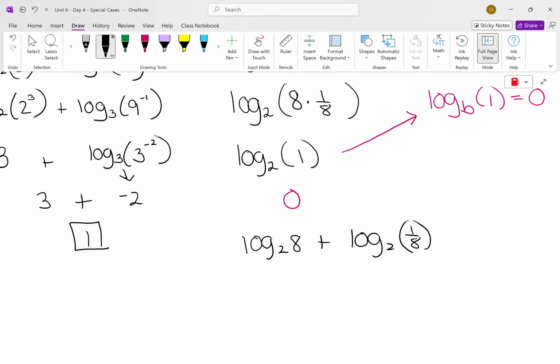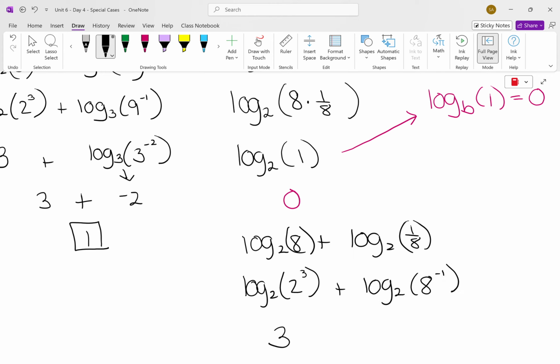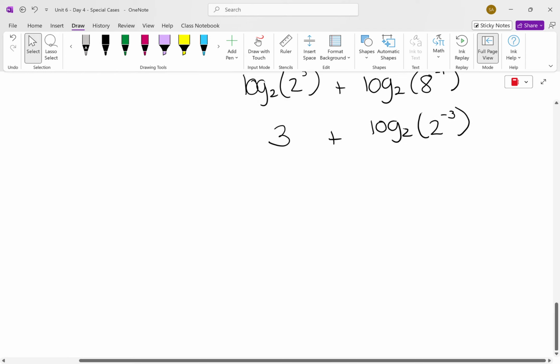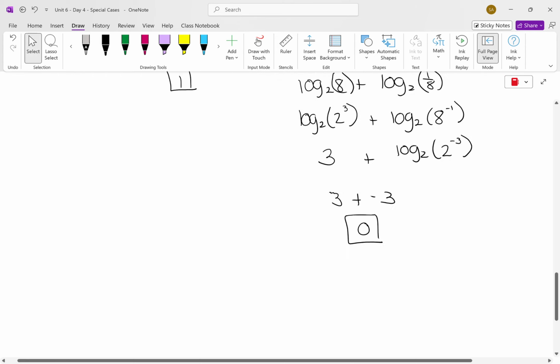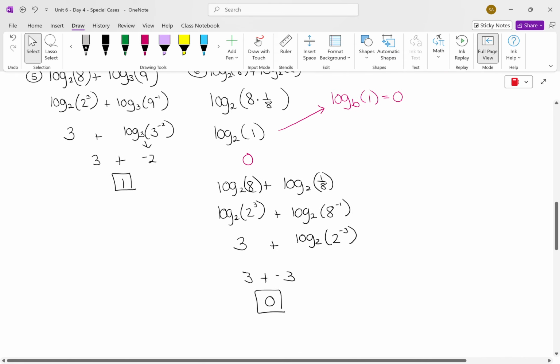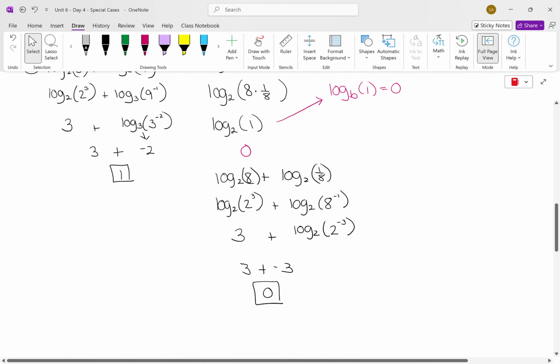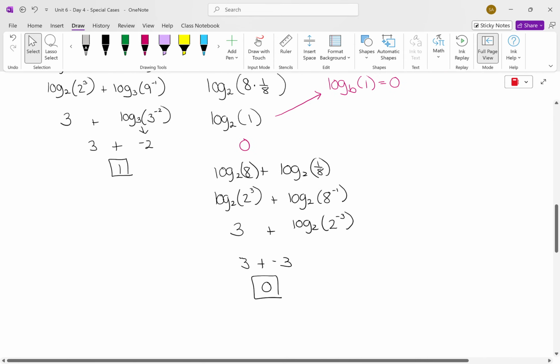If you did log base 2 of 8 plus log base 2 of 1/8, you would say log base 2 of 2 to the 3rd power, which would give us 3. And then here you'd have log base 2 of 8 to the negative 1st, so this is going to be log base 2 of 2 to the negative 3rd. And then we'd be left with 3 plus a negative 3, which is 0. I don't care which way you do it.